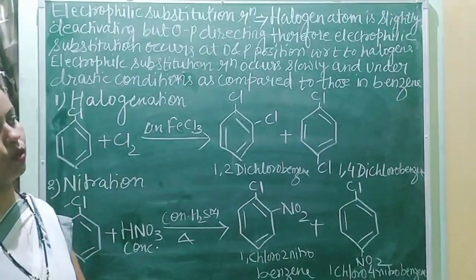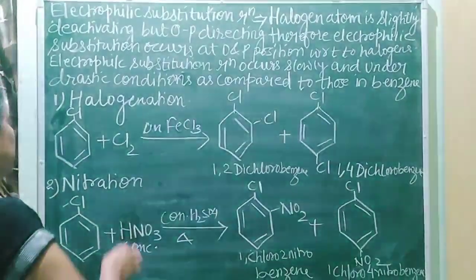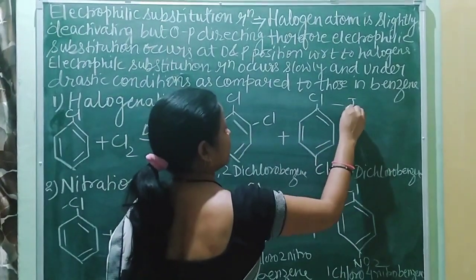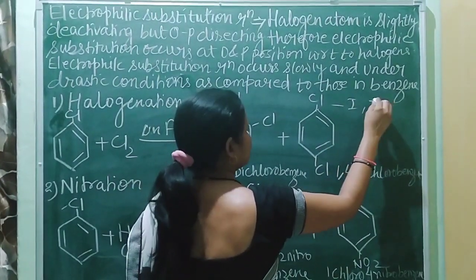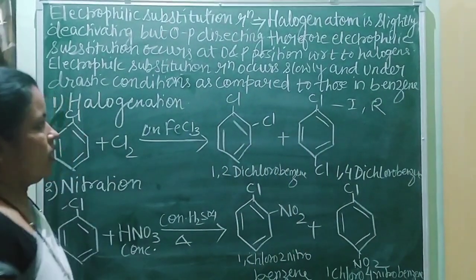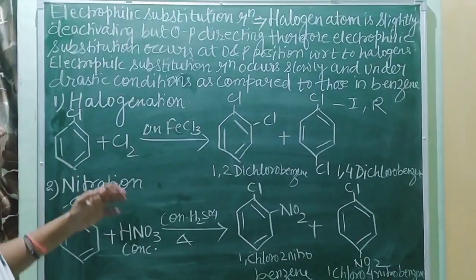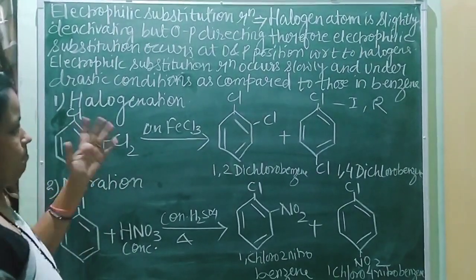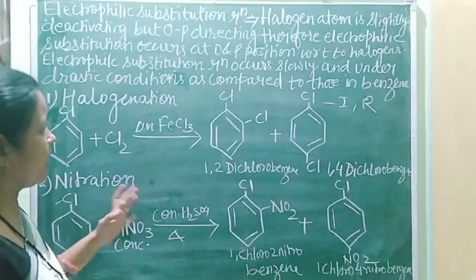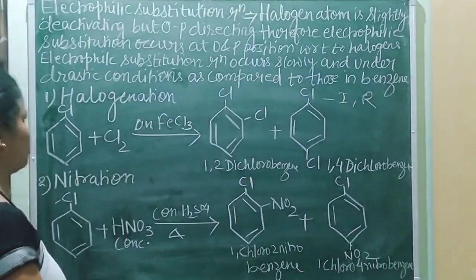Hence it is ortho and para directing. So there are 2 effects working here, the minus I effect and the resonance effect. Due to the resonance effect there is negative charge at ortho and para position.